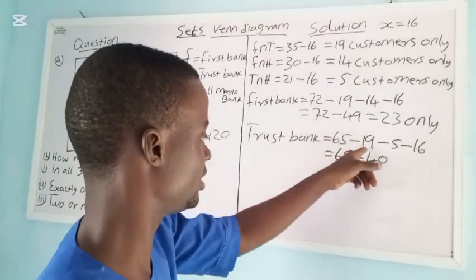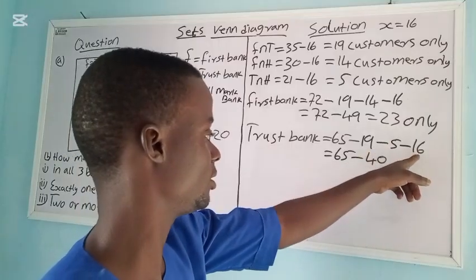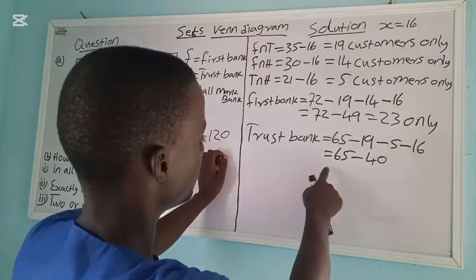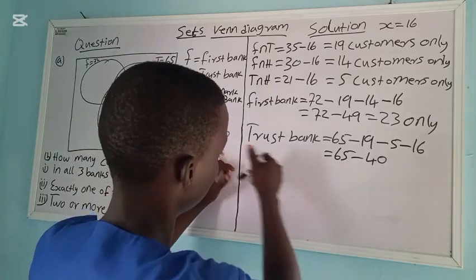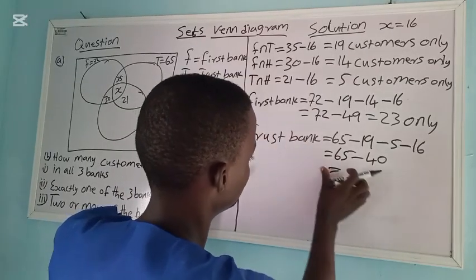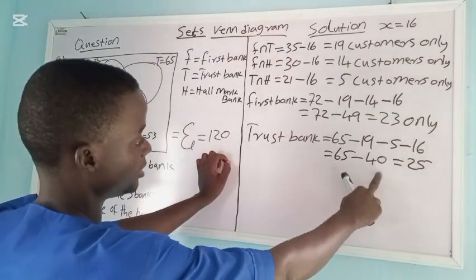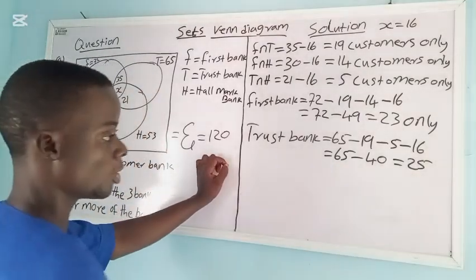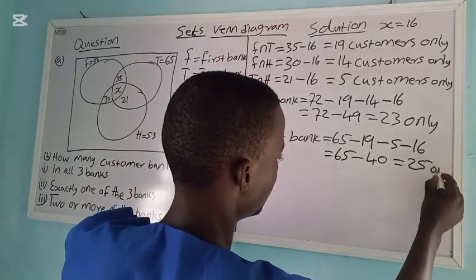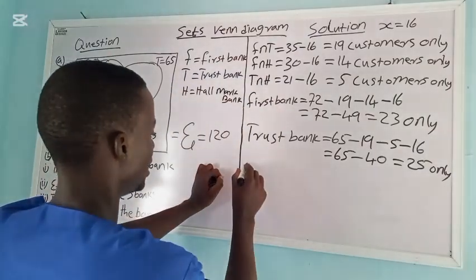Yes, because minus 19 and minus 5 is minus 24, then minus 16 is minus 40. So 65 minus 40 is 25. So we have 25 customers that bank with only Trust Bank. Only. So let's go to the Hallmark.